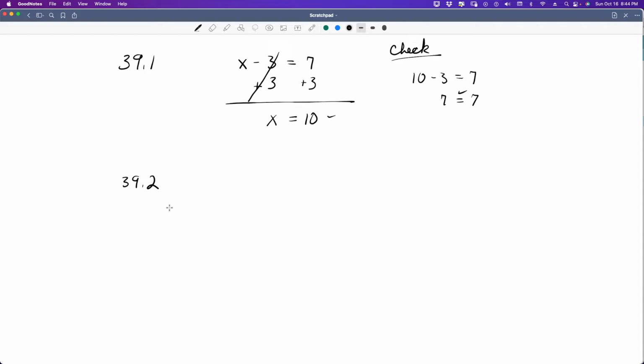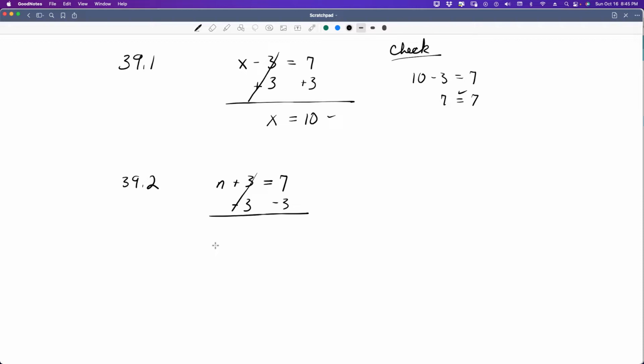So in that one, we have n plus 3 is equal to 7. So because I have a positive, or I'm adding 3 right here, I'm going to do the opposite, and I'm going to subtract 3 so that I can get n all by itself and figure out what that is. But whatever I do to this side, I'm going to do to this side. Okay, that tells me what to do.